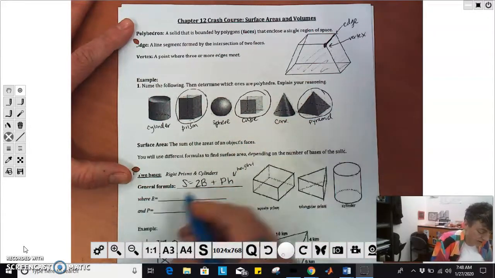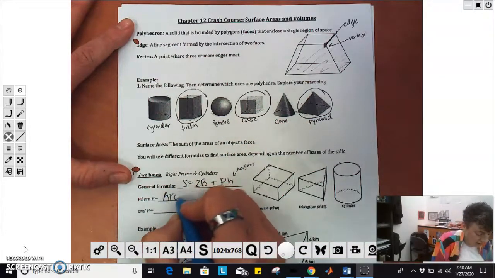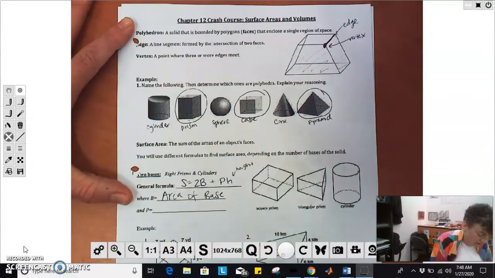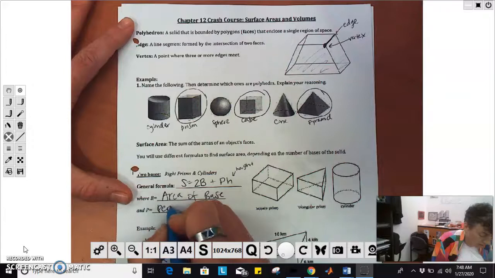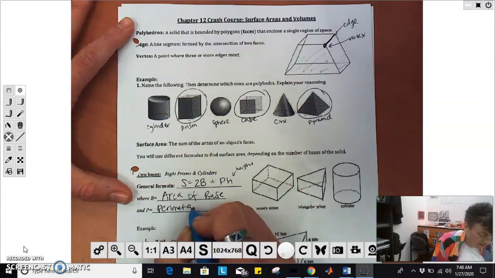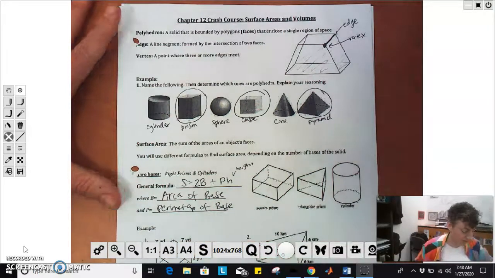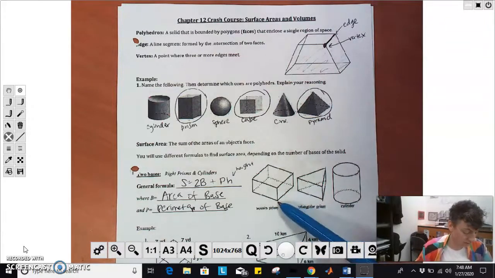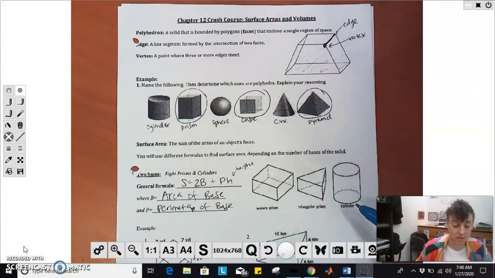So again, B stands for area of base, and P stands for perimeter of base, times the height. So again, we can use this for square prisms, triangular prisms, and cylinders.